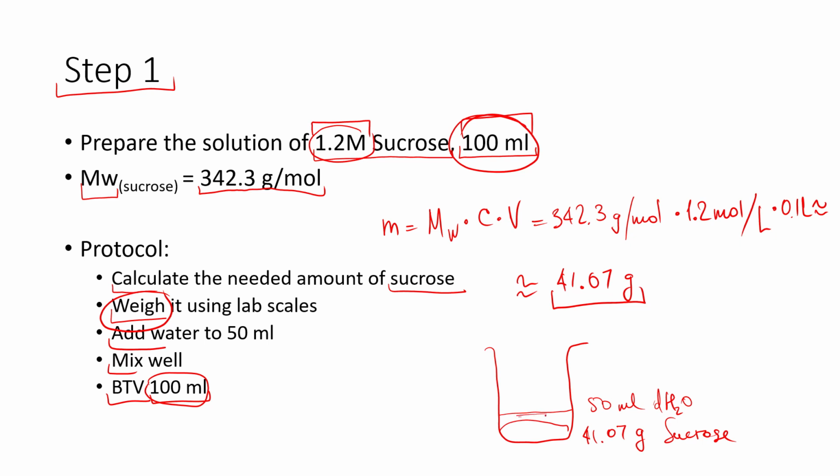Then you're going to mix it very well, then bring to the volume of 100 milliliters, again with distilled water, and mix it again, so you have a good homogeneous transparent solution. And of course this solution will be 1.2 mole per liter concentrated.